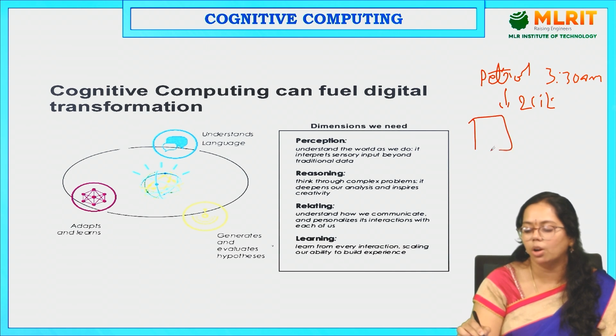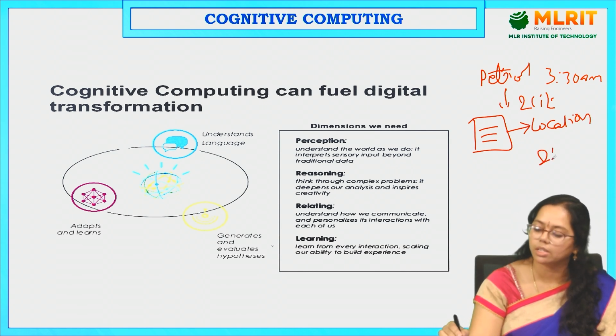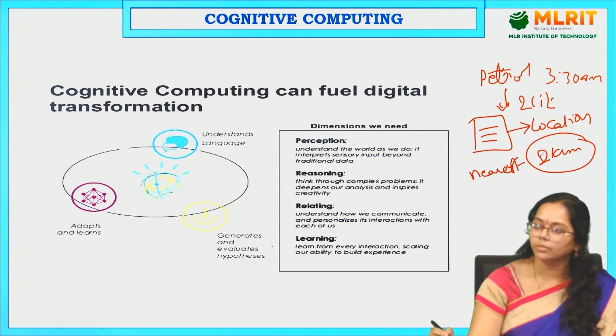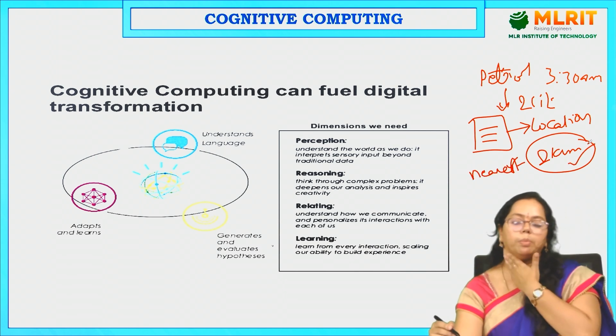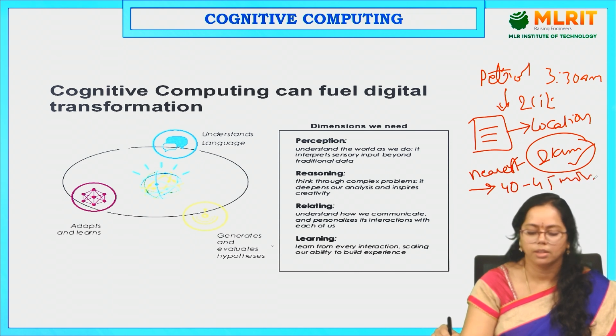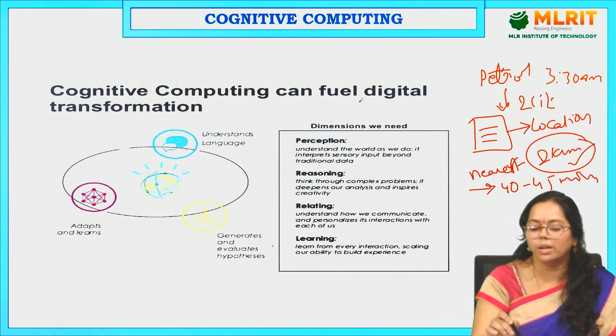He will order it in the app, giving the location, stating that he is somewhere within a 2 kilometer radius. Your system checks where the nearest point, the nearest location to that person is, and it will try to deliver within probably around 40-45 minutes. Okay, this is fuel digital transformation.